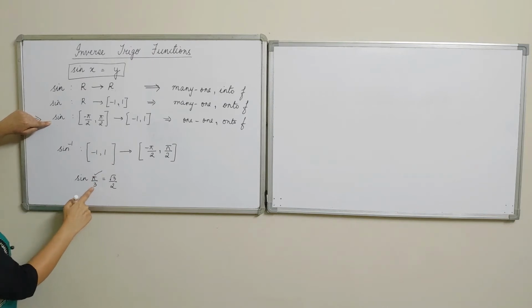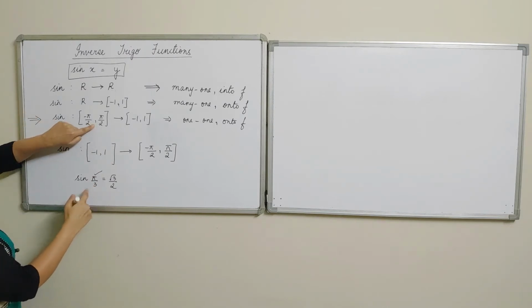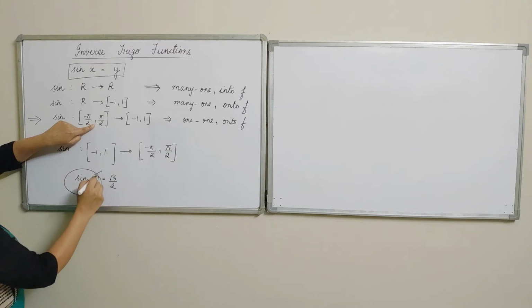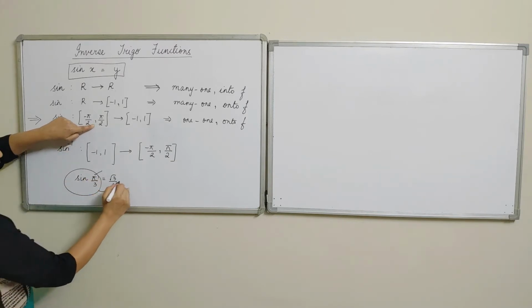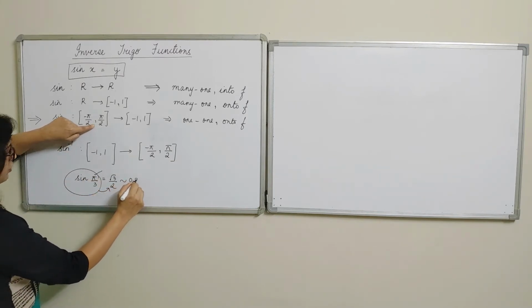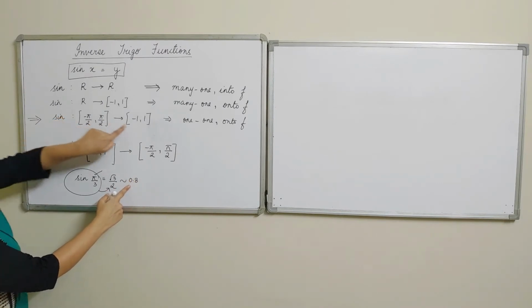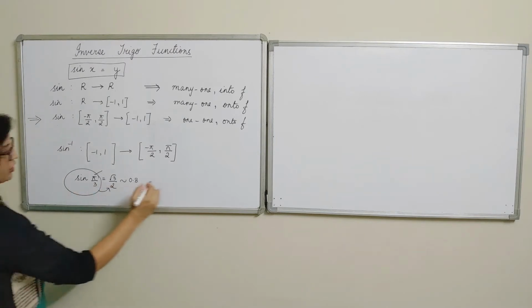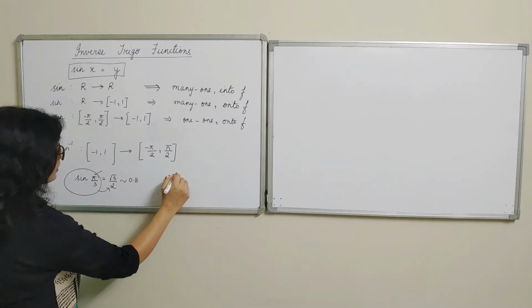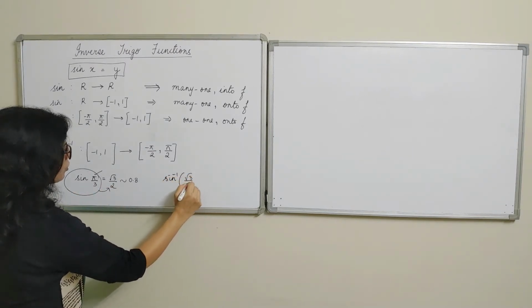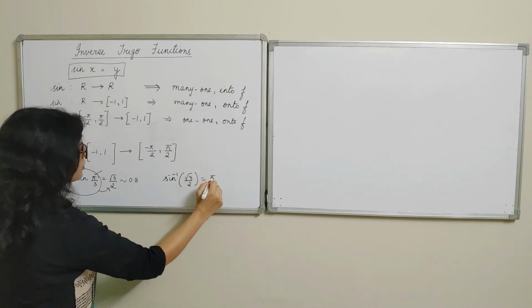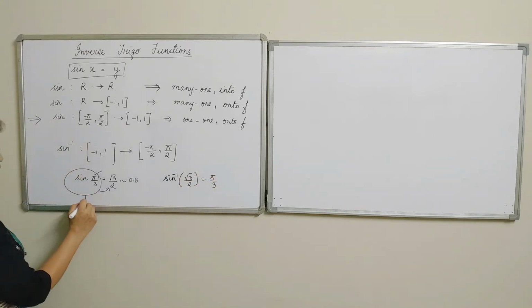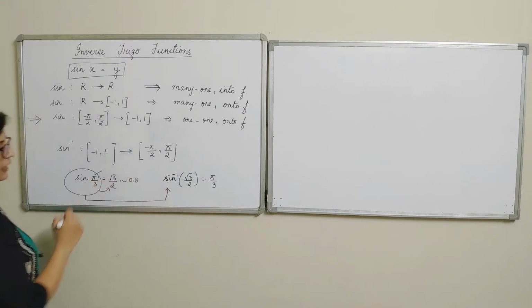So we have chosen one angle from the domain of the function. The corresponding value of the sine function is root 3 by 2, which is approximately 0.8, and this value belongs to the range of the function. The same equation can be written as sin inverse of root 3 by 2, which is equal to pi by 3.